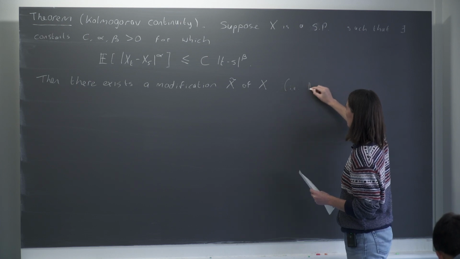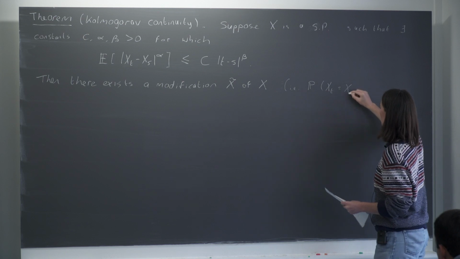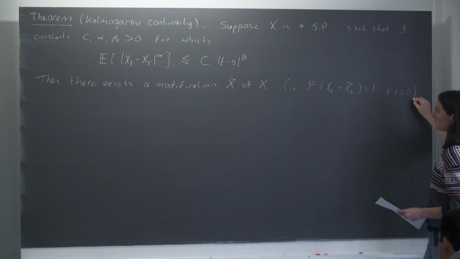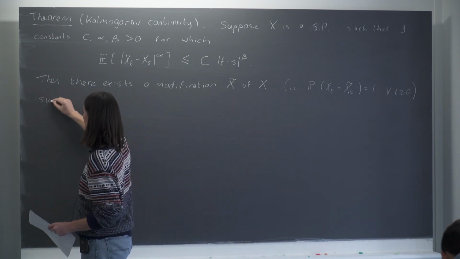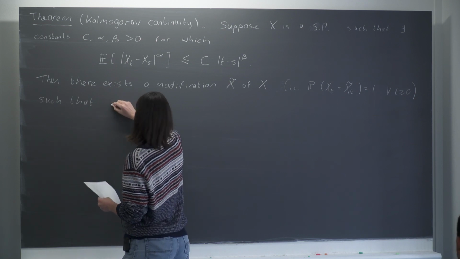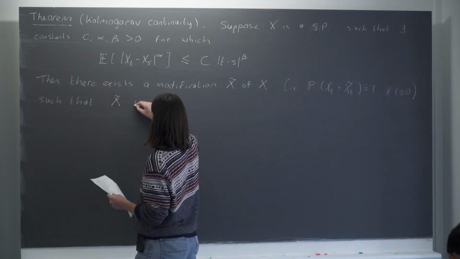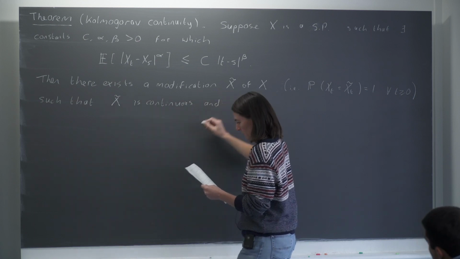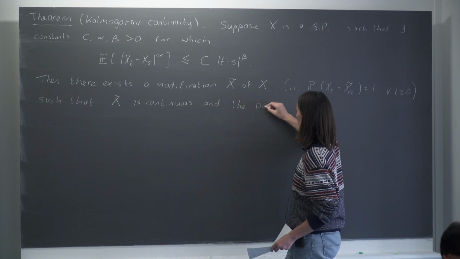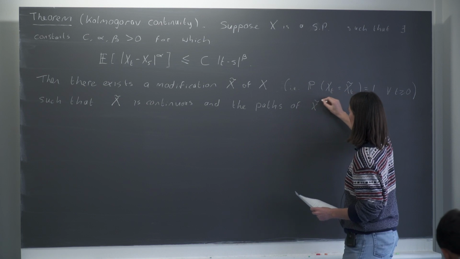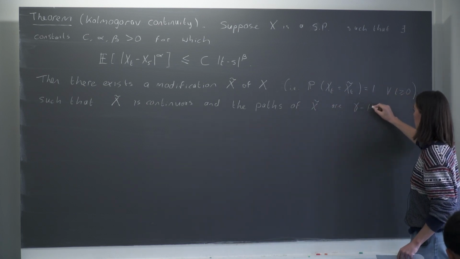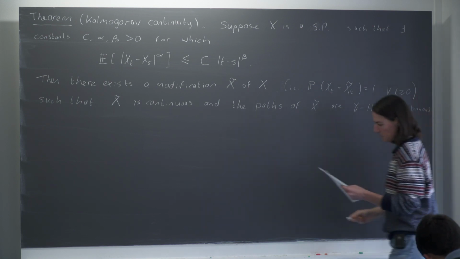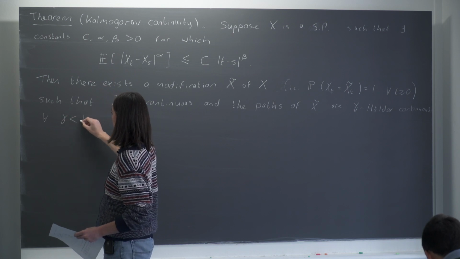That means that the probability that X_t is equal to X tilde_t is equal to 1 for all t greater than or equal to 0, such that X tilde is continuous and the paths of X tilde are gamma Holder continuous for all gamma strictly less than 1/2.